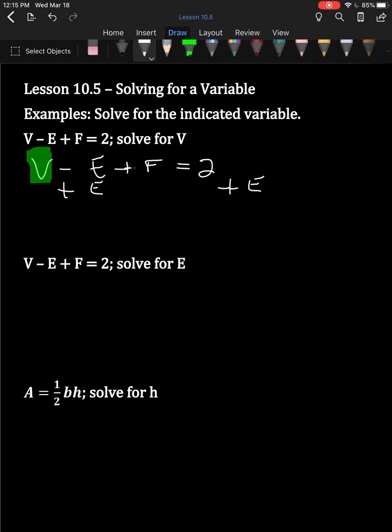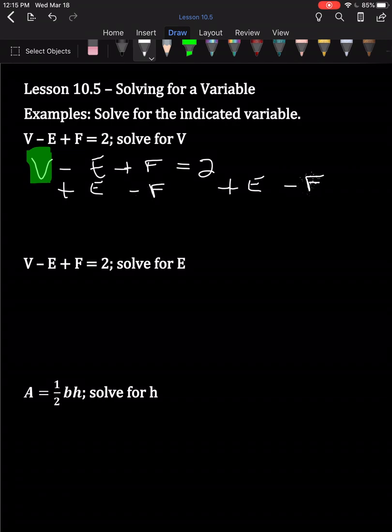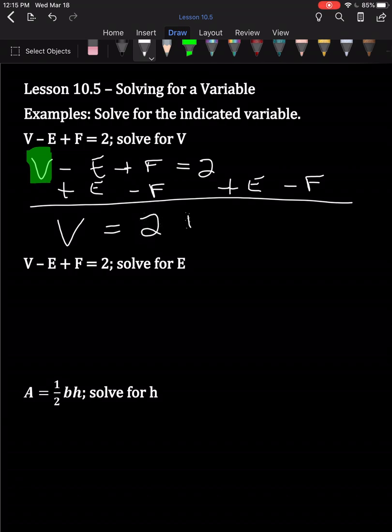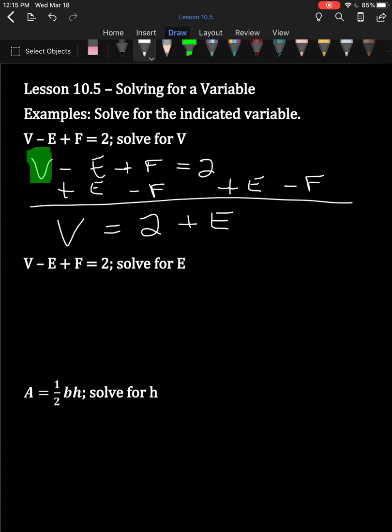This positive f has to come across, and we would subtract. V equals. There is nothing to combine on the right side here. It is literally 2 plus e minus f.